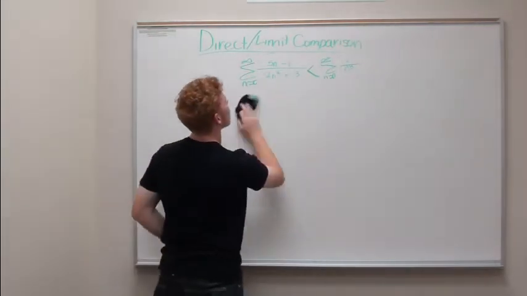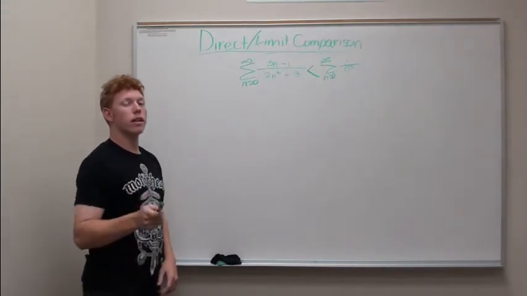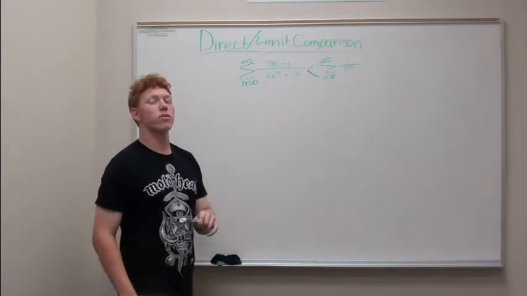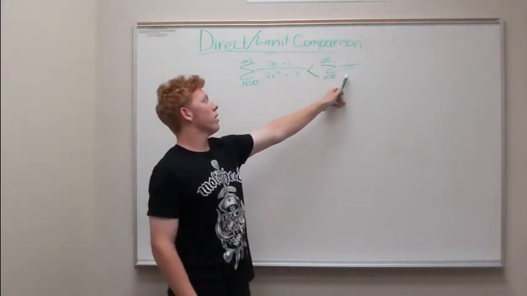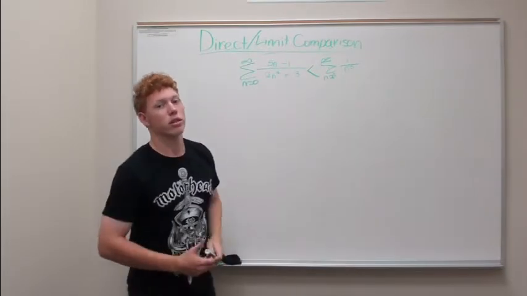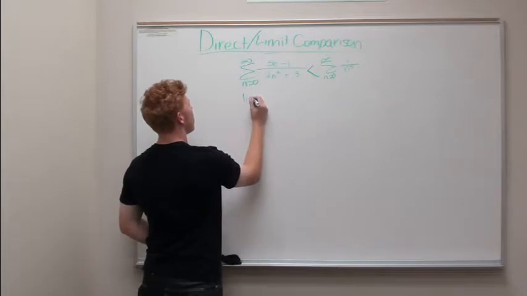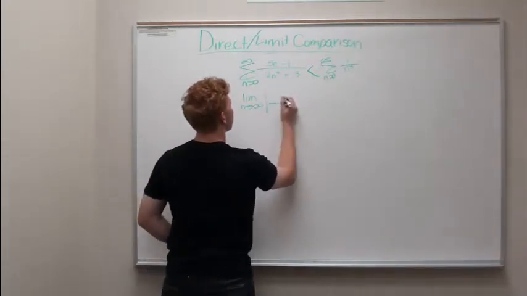However, when a direct comparison test fails, the next step to take would be the limit comparison, where you take the limit as n approaches infinity of the ratio of the original test and the test series. The original series and then the test series. So that set up would look a little something like this.